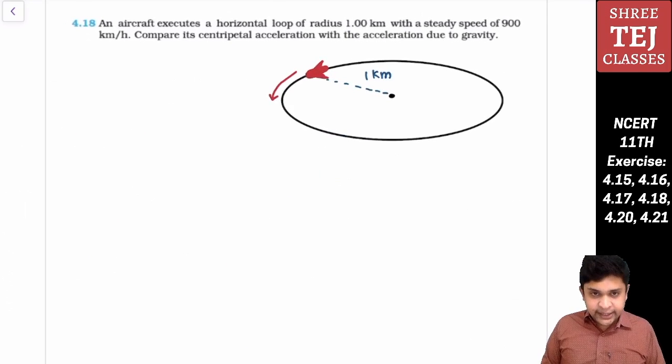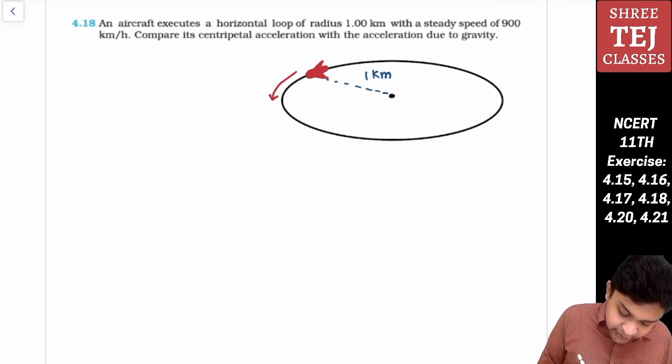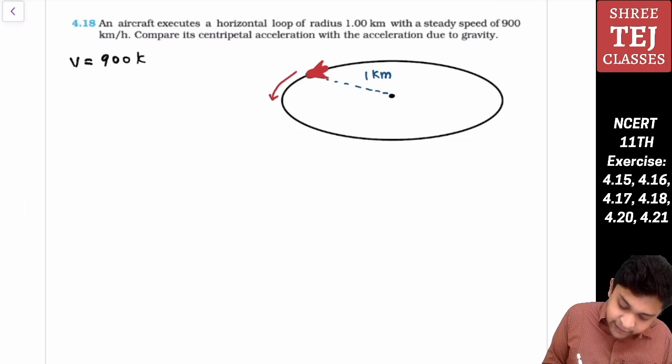Question 4.18. An aircraft executes a horizontal loop of radius 1 kilometer with a steady speed of 900 km per hour. Compare its centripetal acceleration with acceleration due to gravity. So we know its speed is 900 kilometer per hour.